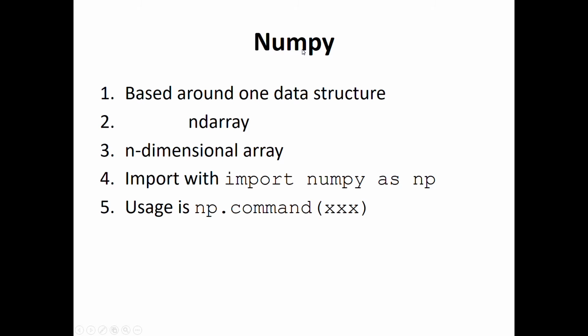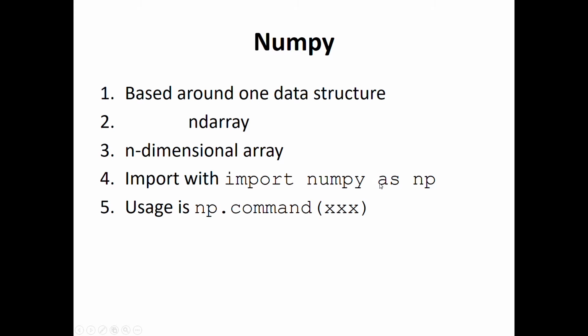To start using Numpy, we have to import Numpy because by default Numpy is not loaded in Python. So we use the keyword import and then Numpy, and this part is optional, as NP. Numpy becomes NP. It's easier to use, so we can say import Numpy as NP.